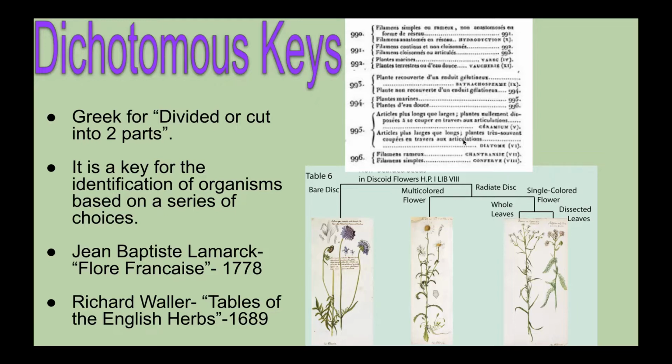So here at the top, you can see an example of the text version of the dichotomous key. Now, however, some people credit Richard Waller, he was an Englishman, they credit him with the first pictorial dichotomous key, and that was about 100 years before Lamarck. So here you can see Richard Waller's pictorial version of a dichotomous key here.